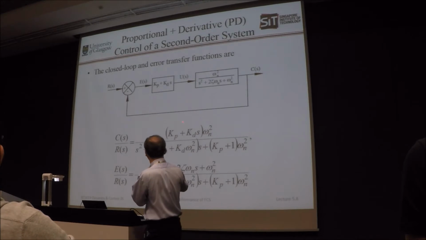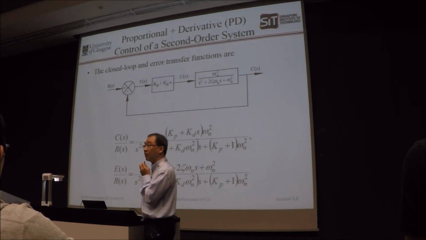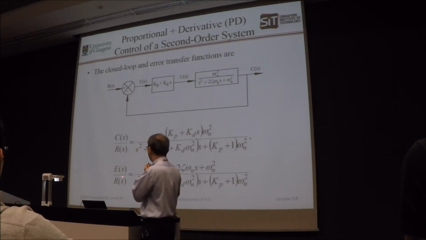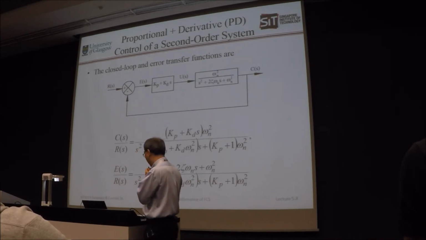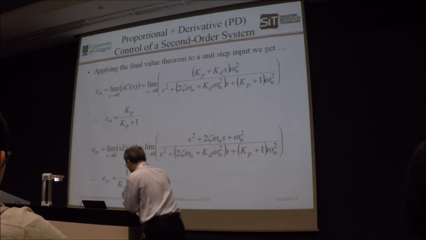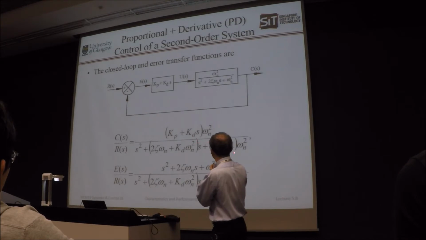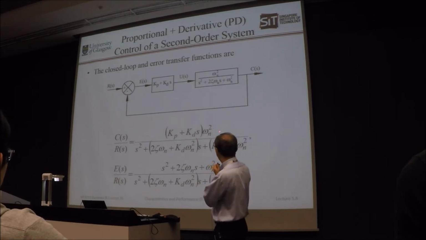Okay, so this is the closed loop transfer function from R(s) to C(s). This is the transfer function from your reference input to your actuating error signal. Okay, and then from these two terms here, you can actually work it out. Again, omega n basically doesn't show up.